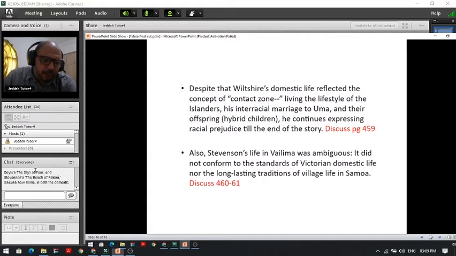So discuss how home in both domestic and national sense is not represented in a fixed way.